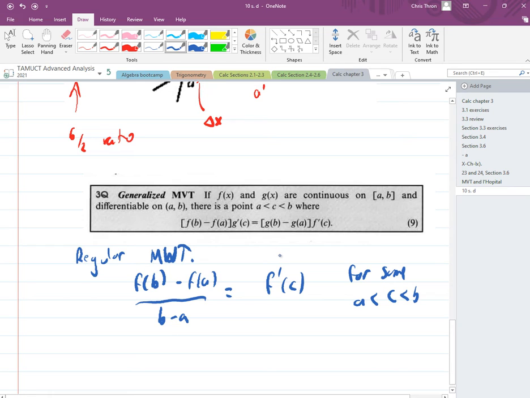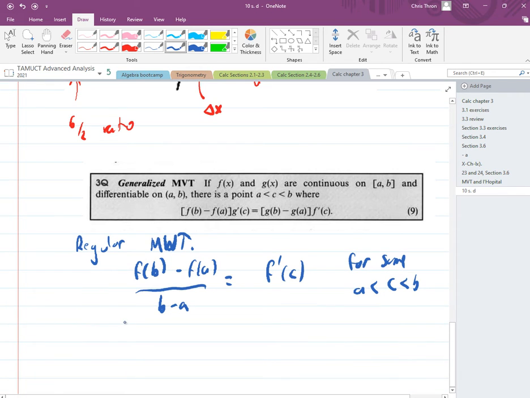All right. Now, what we've done here is we've replaced b minus a with g of b minus g of a. And if we do that, then we need to put a derivative on the left-hand side of g, right?